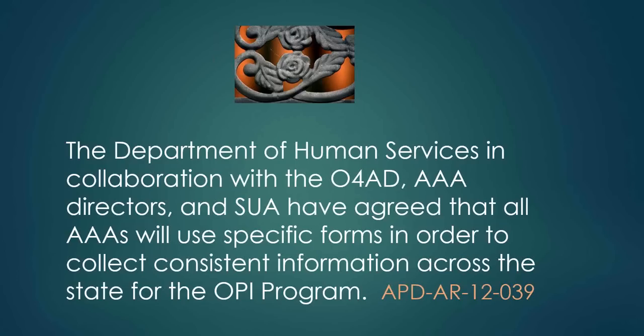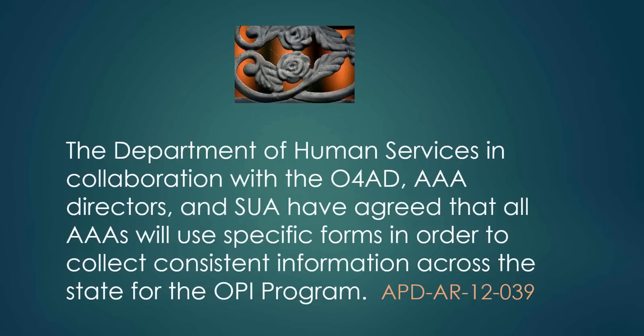Now, DHS and the O4AD, which is the Oregon Association of Area Agencies on Aging and Disabilities, along with AAA directors and the State Unit on Aging, came together and agreed that all the AAAs are going to use specific forms in order to collect consistent information across the state for the OPI program.